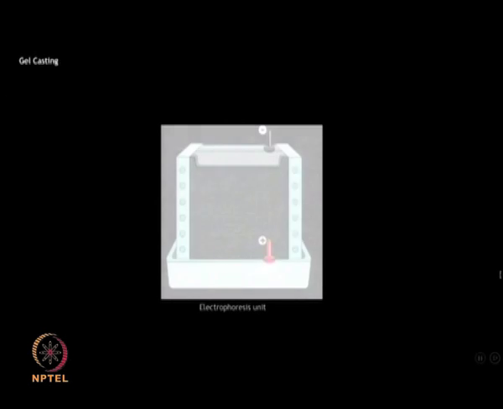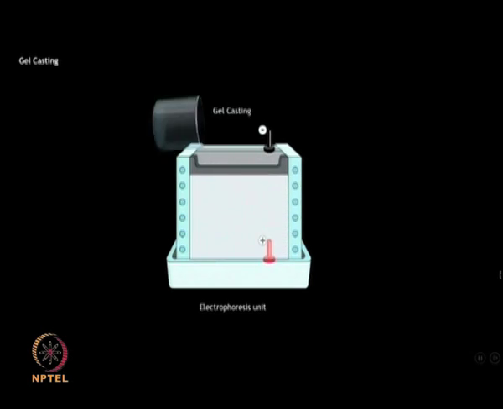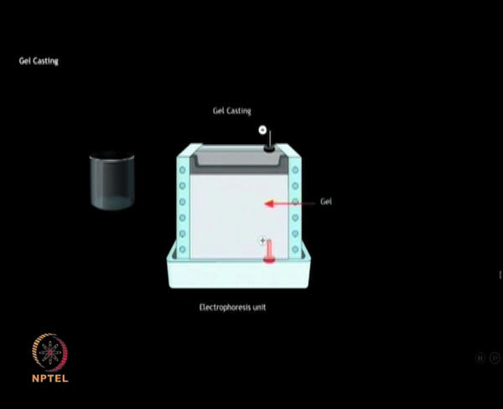Blue native PAGE or BN-PAGE. The polyacrylamide gel is cast between the glass plates as a vertical slab in the same buffer that is used for electrophoresis. The gel is prepared by free radical induced polymerization of acrylamide and bisacrylamide in a suitable buffer.